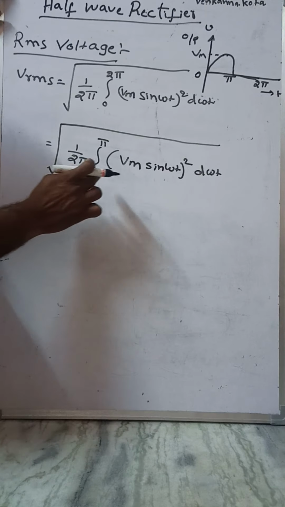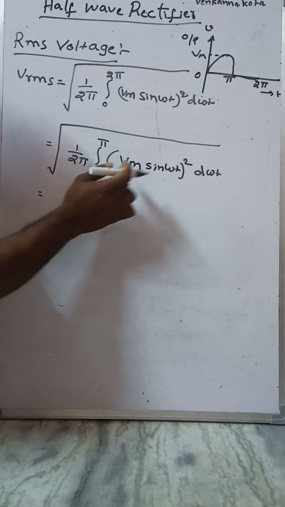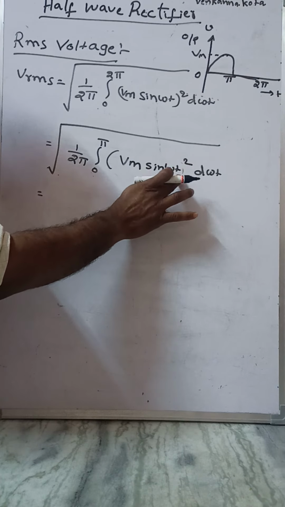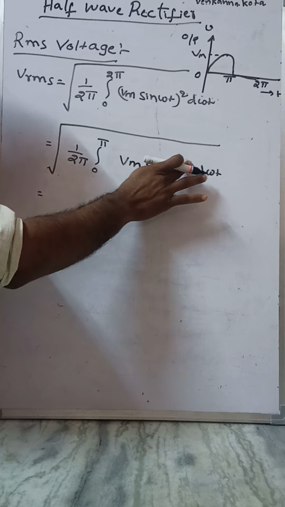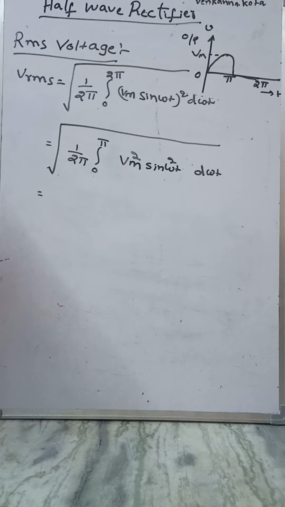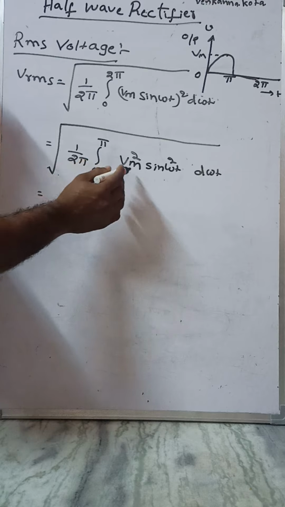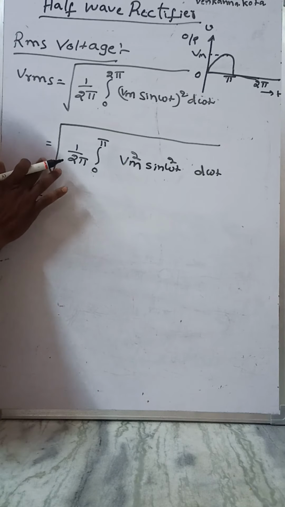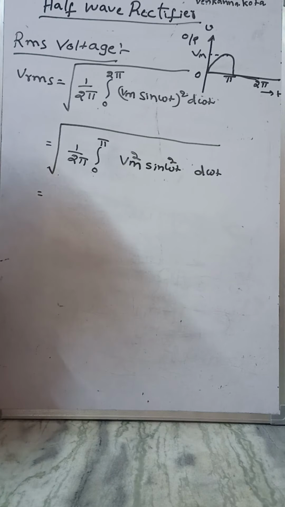Then splitting. Vm square is there. This can be written as Vm square sin square. So what will happen here? Vm square is taken out of the integration and out of the square root.